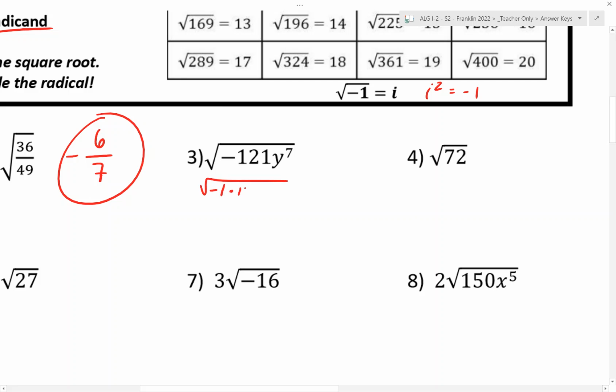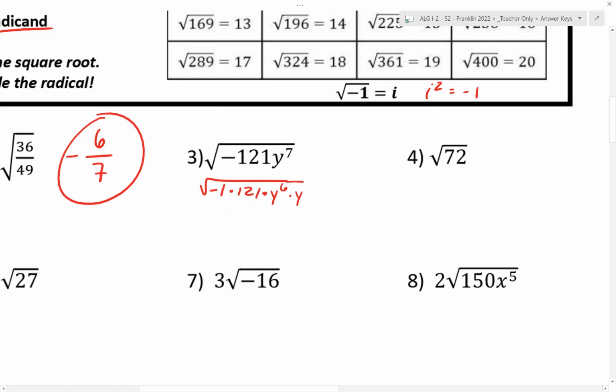The 121 is a perfect square, so I'll leave that alone. Now for y to the 7th, an exponent has to be an even number to be a perfect square. So the biggest even number less than 7 is 6. And then there's 1 left over. And so I haven't changed anything.